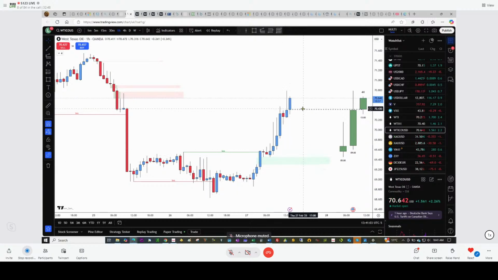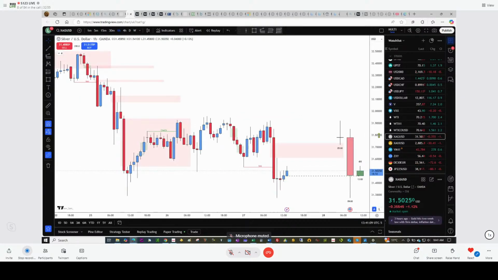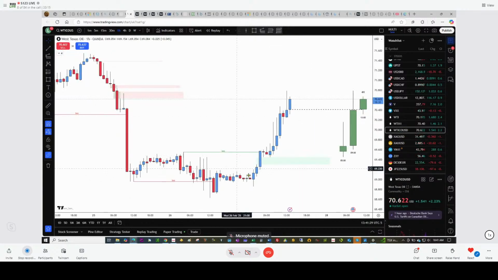I'd expect strength, and gold and silver, I'd expect weakness, sorry. But with the oil, oil is bucking the trend here. I'm sorry, I've got you all confused there. So this should be the opposite.